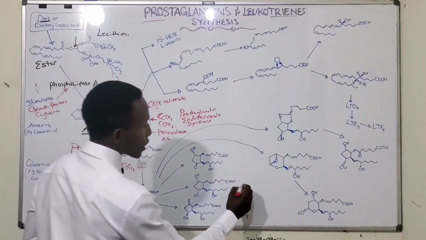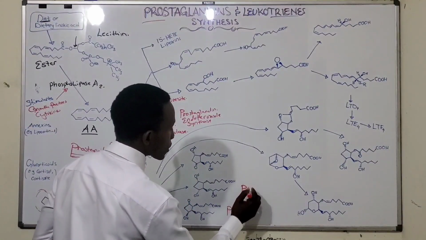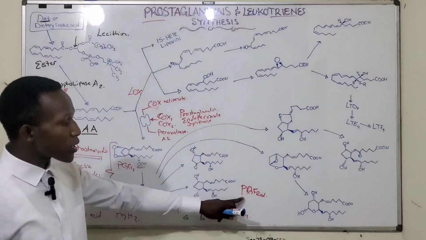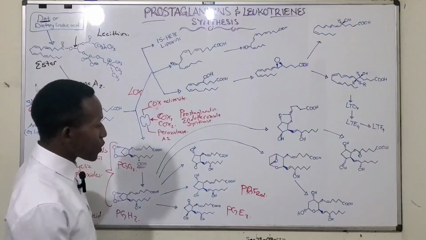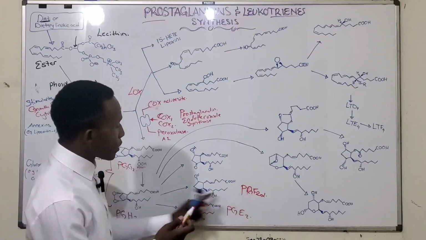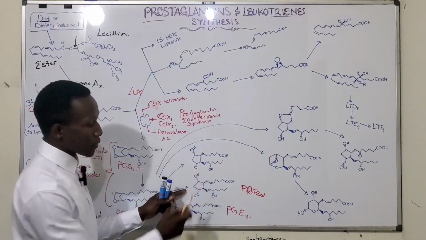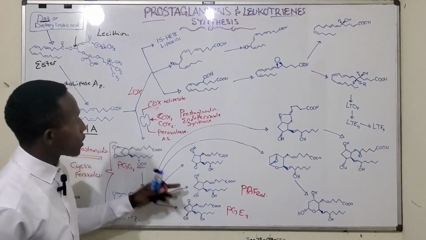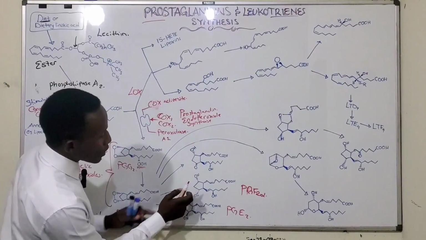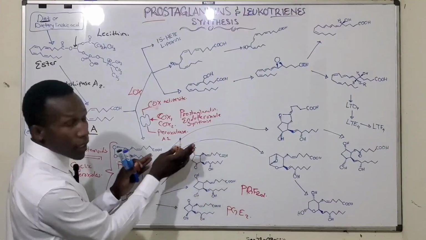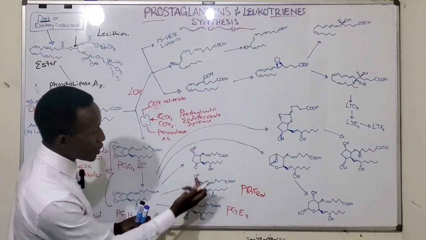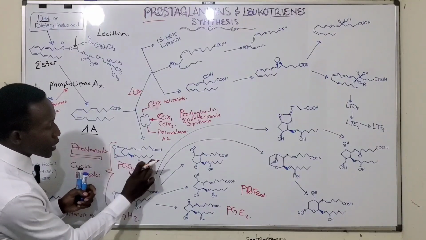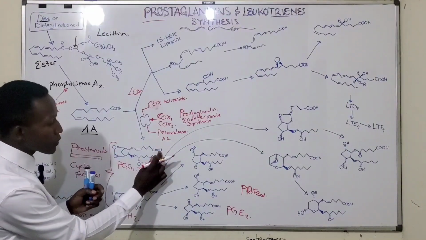Then we have prostaglandin F2 alpha. It's called prostaglandin F2 alpha because these hydroxyl groups are at the same side of the plane. If this is a plane, this one shows that they are at the other side of the board. Also here we have two chains, this chain and this chain.